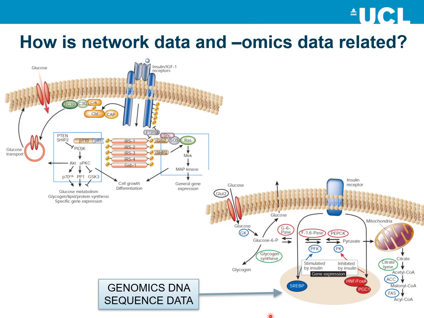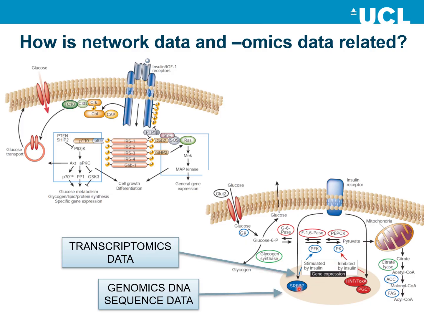But our genomics data is in the nucleus. It's the DNA and the particular genes, the sequences of the particular genes making up the system which we're interested in. So in this case, these genes actually code for the enzymes which are involved in the metabolic pathway.